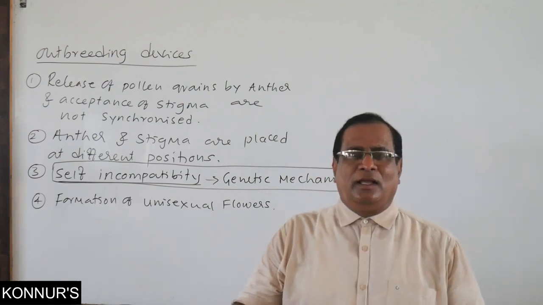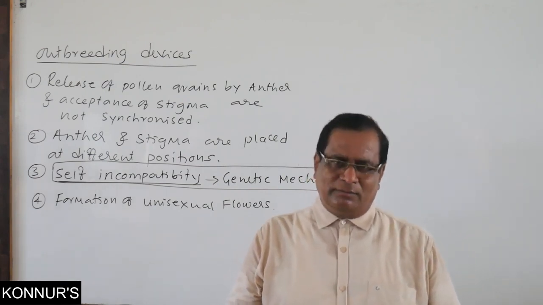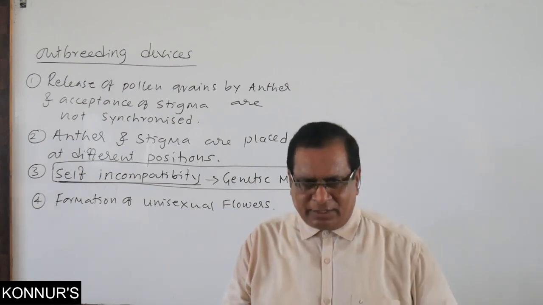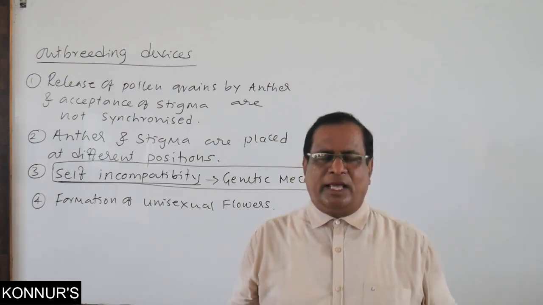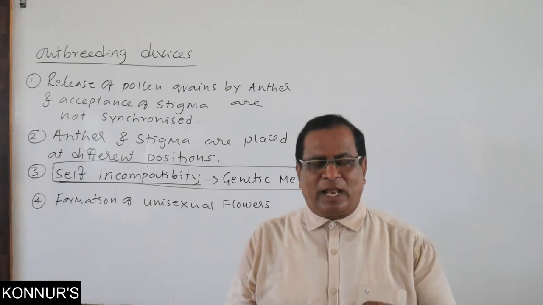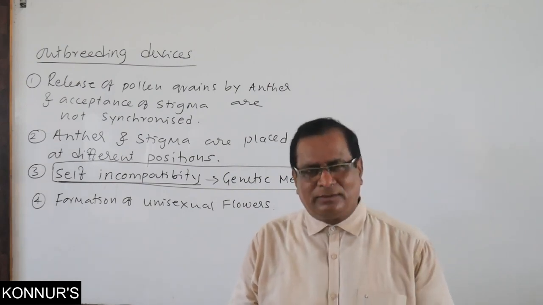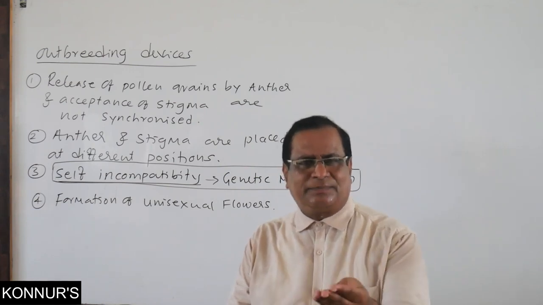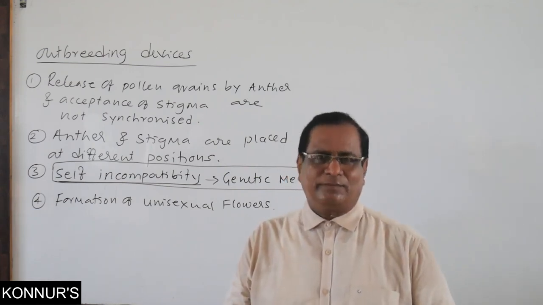As they are unisexual flowers, it means the male flower is different and the female flower is different. If they are unisexual, those flowers may be on the same plant. When pollen grains fall on the stigma, they are accepted. Compatibility.